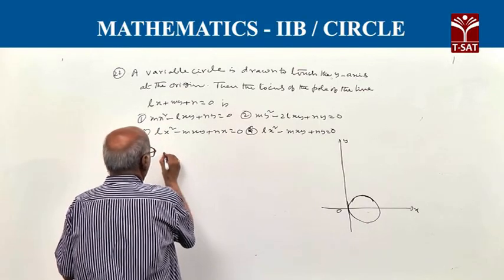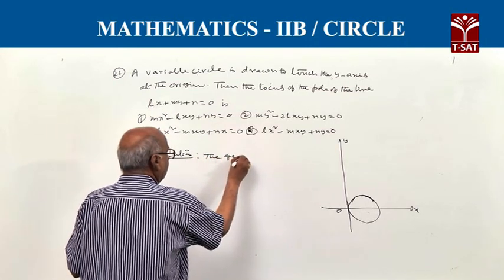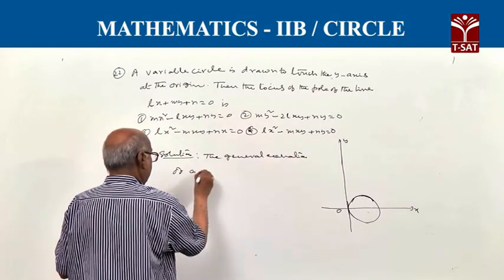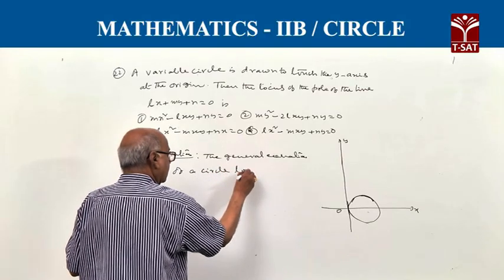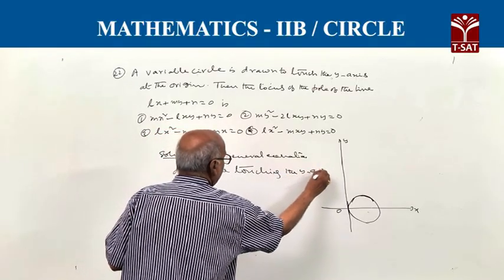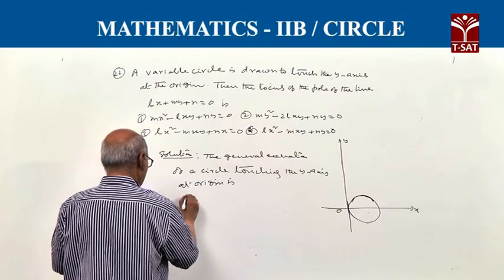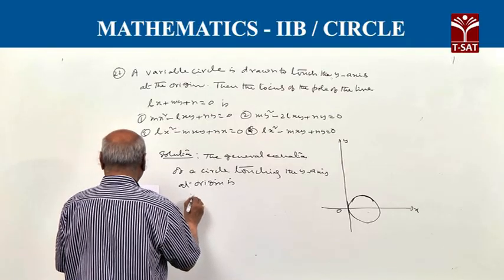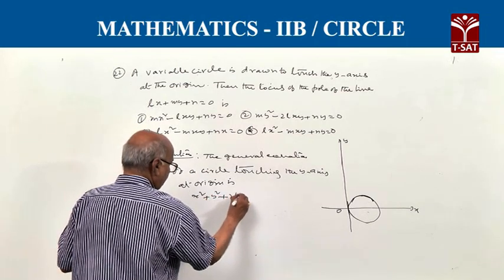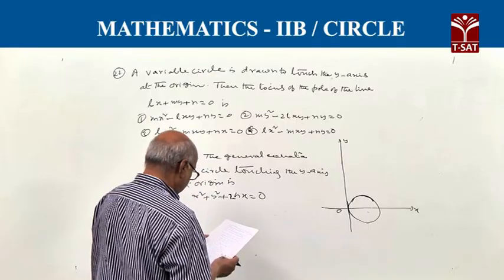And you know, the solution is: the general equation of a circle touching the y-axis at origin is x square plus y square plus 2hx is equal to 0. That is the general equation of the circle.